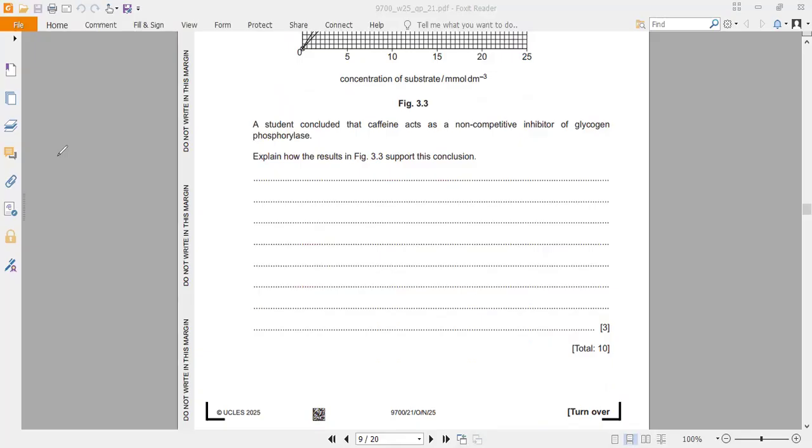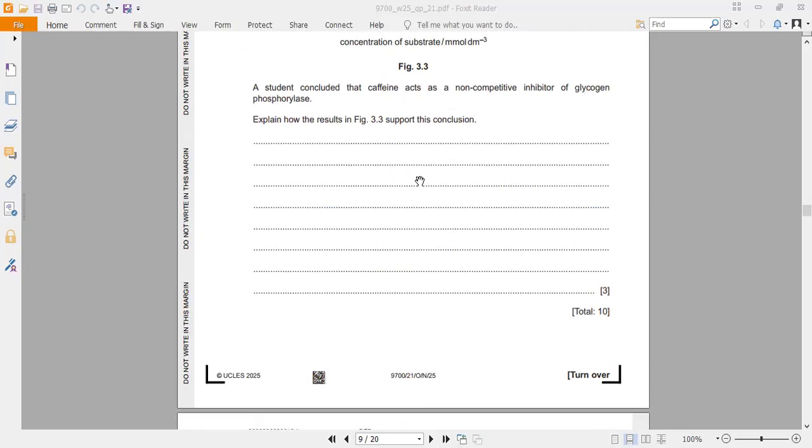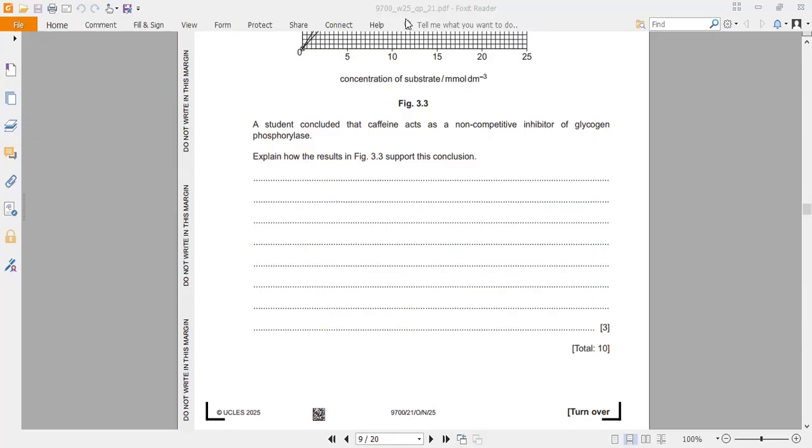Explain how the result in figure 3.3 supports this conclusion. Without caffeine, V maximum is high. With caffeine, the V maximum is lowered. So it means caffeine acts as a non-competitive inhibitor. And you know, what is a non-competitive inhibitor?